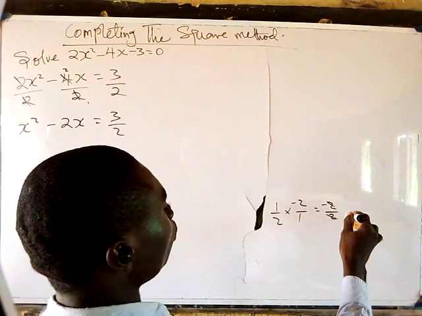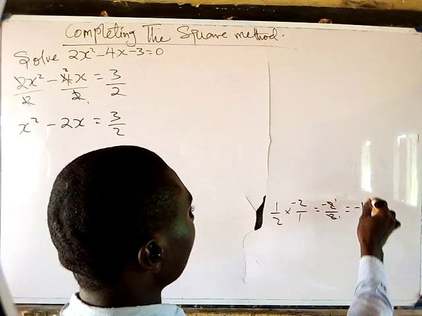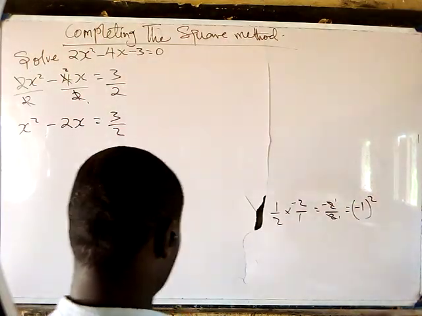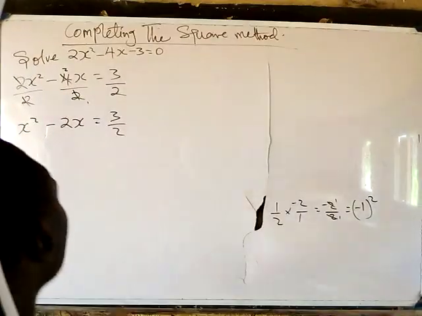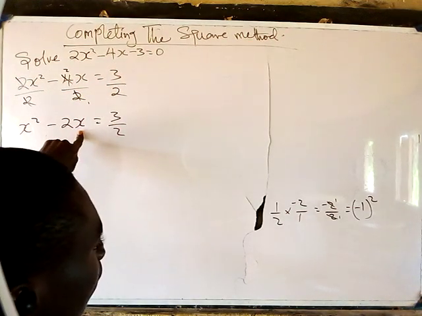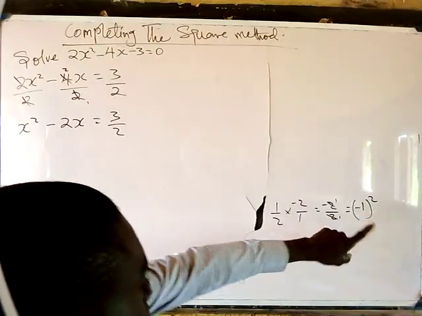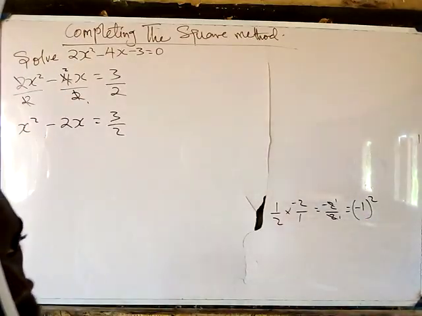Now 2 into 2 is 1, equal to minus 1. Then square it. Half the coefficient of x, square the result and add to both sides of the equation.